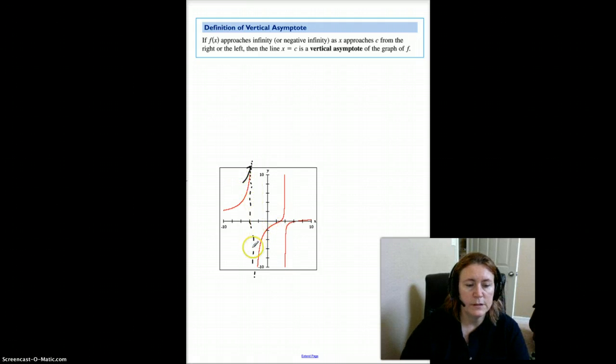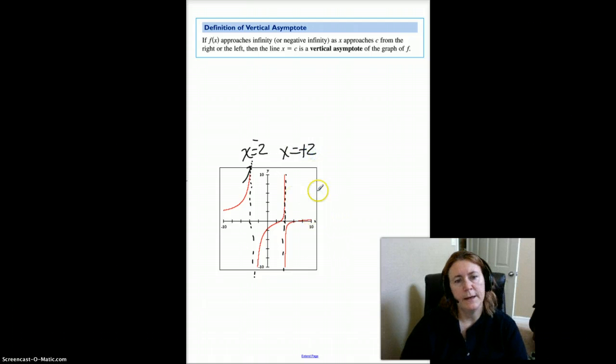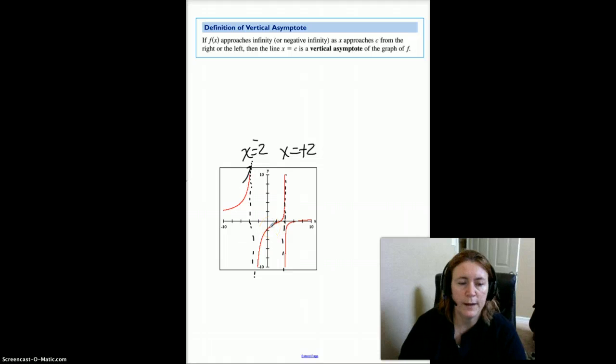And as x approaches negative 2 from the right, f of x approaches negative infinity. So in this example, x equals negative 2 is an asymptote. And by the same argument, so is x equals positive 2. Basically, vertical asymptotes occur whenever the function becomes unbounded when you get close enough.